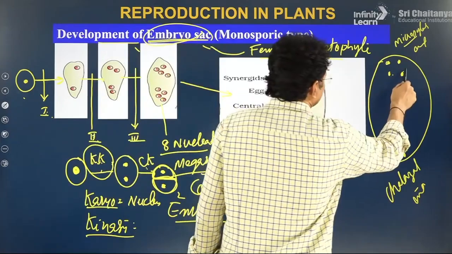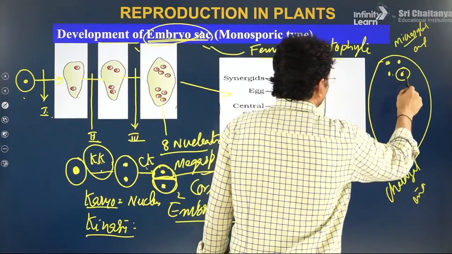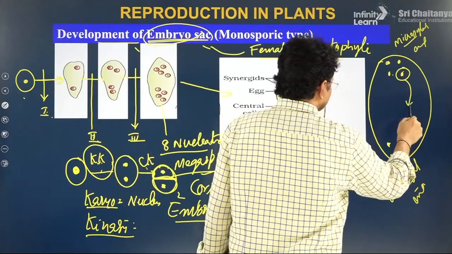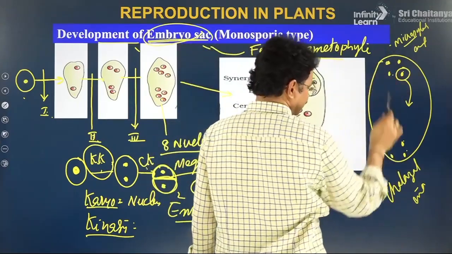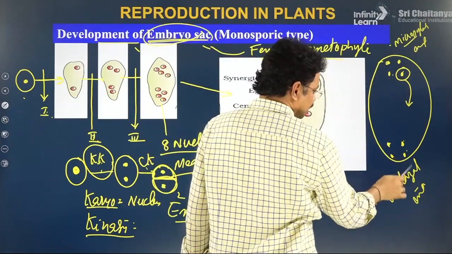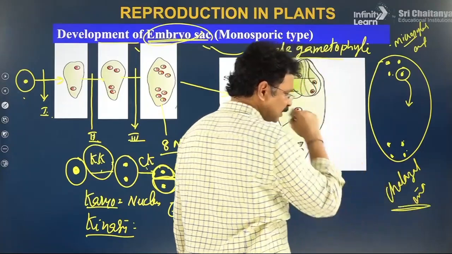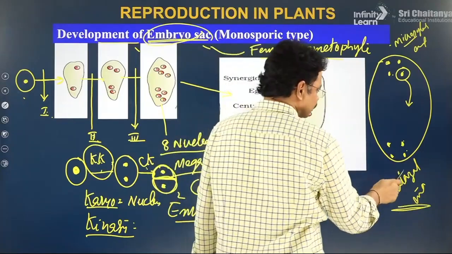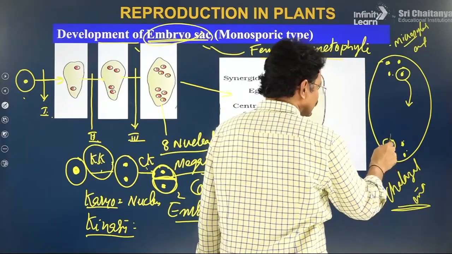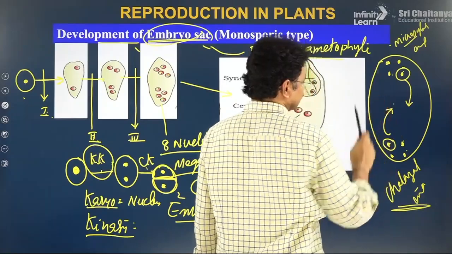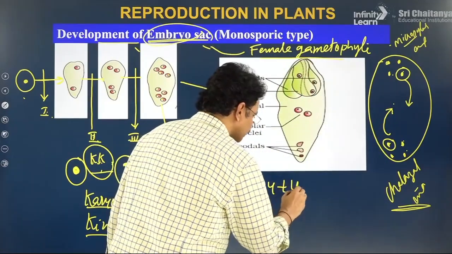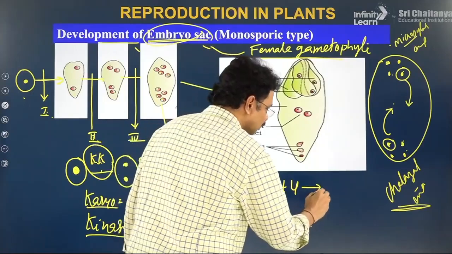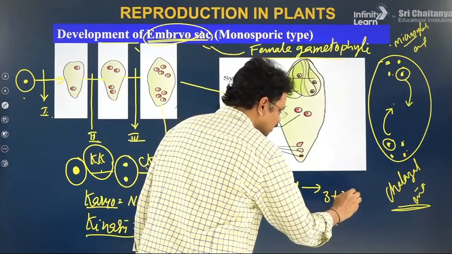Gradually, among these 4, one migrates towards the center from the polar area. It is the micropylar polar region. These 4 are also present at the chalazal end. It is also a kind of pole. Among these 4, one migrates towards the center. Then that 4 plus 4 arrangement of nuclei turns into a 3 plus 2 plus 3 arrangement.